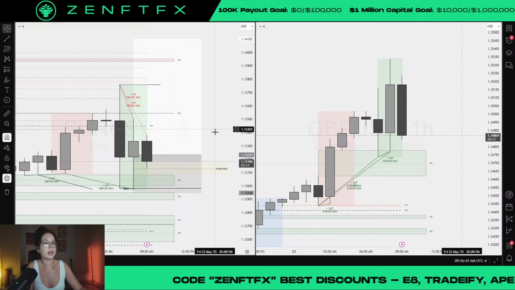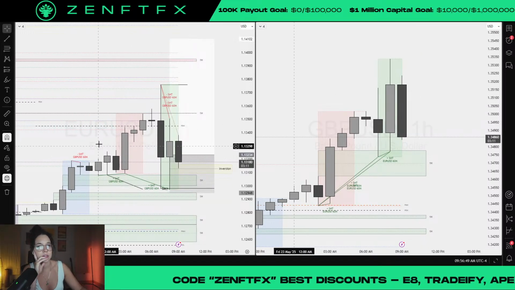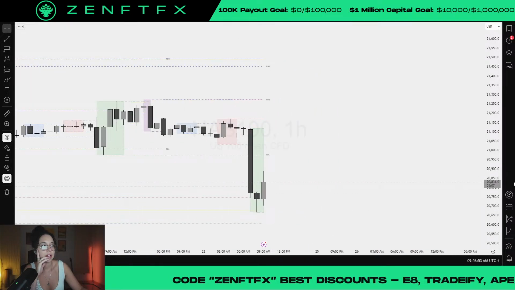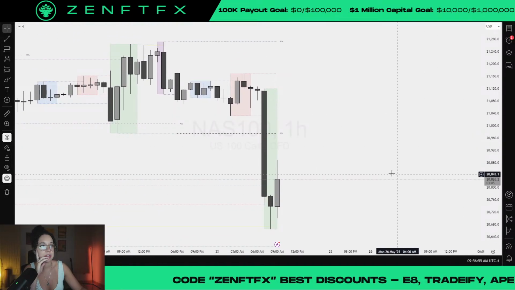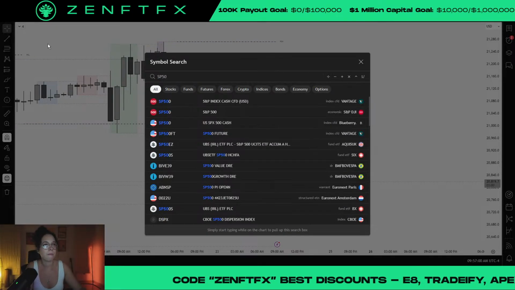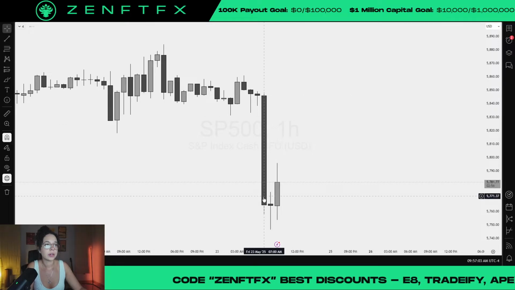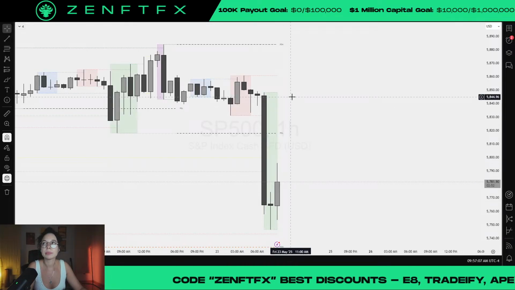Markets on the CFDs, or at least the currencies, are pretty chill, but now it's a fat nasty dump. I think same with S&P. Yeah, that's crazy. Apparently Trump said something. I wonder what Trump said.